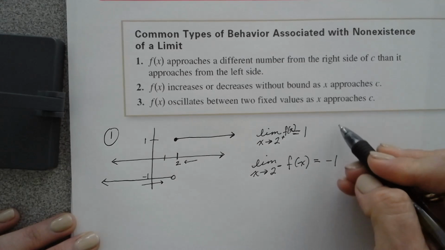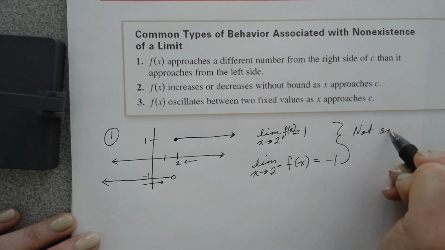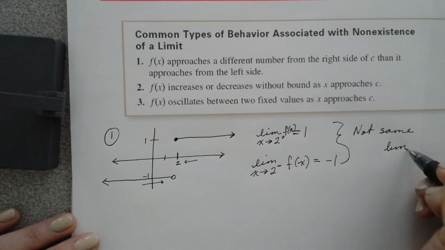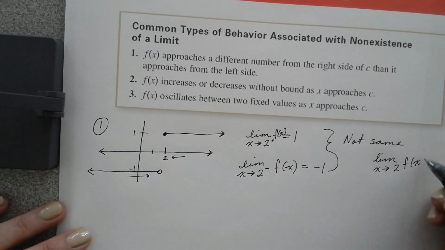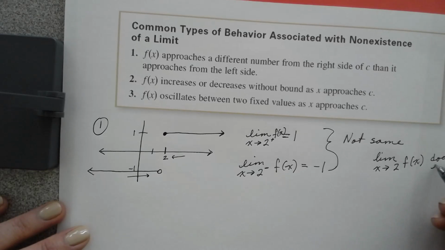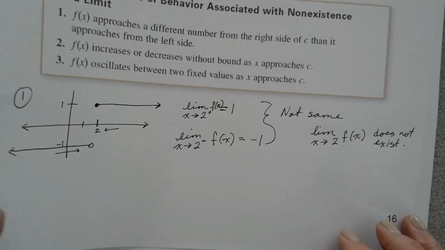So since these are not the same, that means that the limit as x approaches 2 of f of x does not exist. Does that make sense?